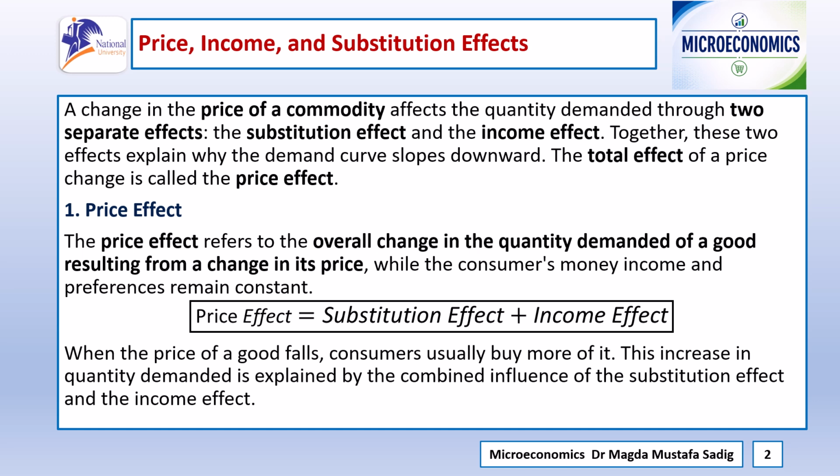First, coffee has become cheaper compared with tea. Second, consumers now have greater purchasing power because they are spending less money to buy the same amount of coffee. These two reasons are exactly what economists call the substitution effect and the income effect.